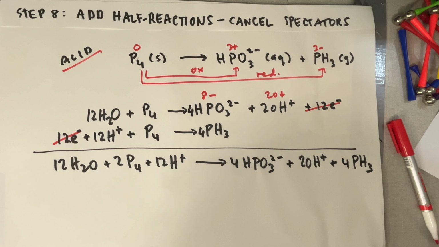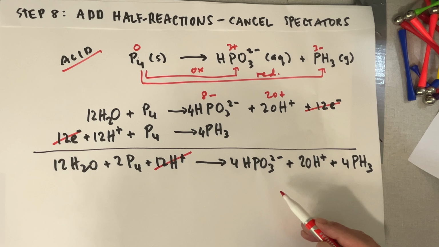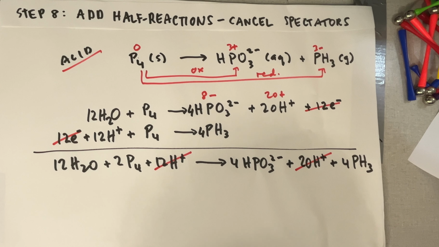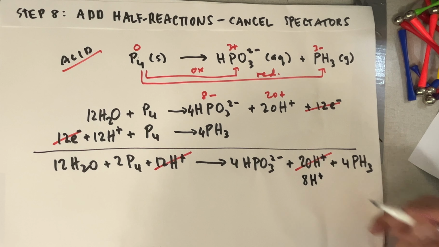Right? Then, if one were to balance out everything, you can say that there's 12 of those, there's 20 of those, so that leaves 8 H pluses.